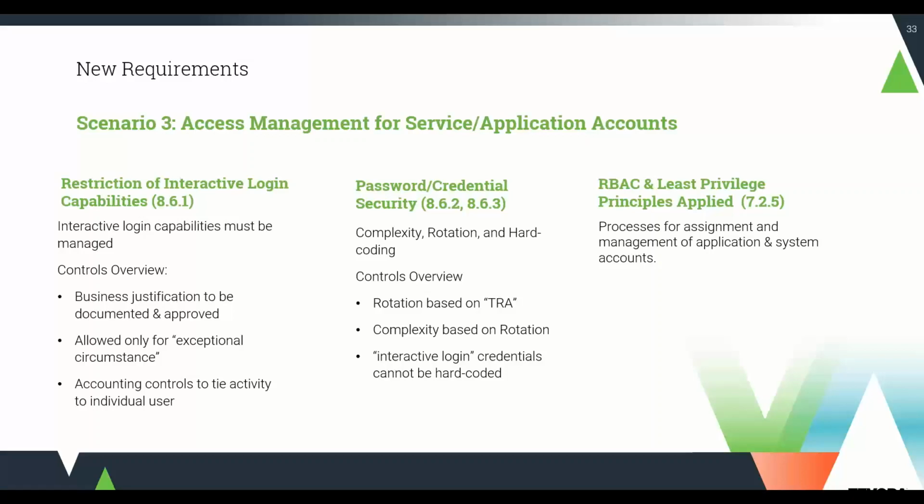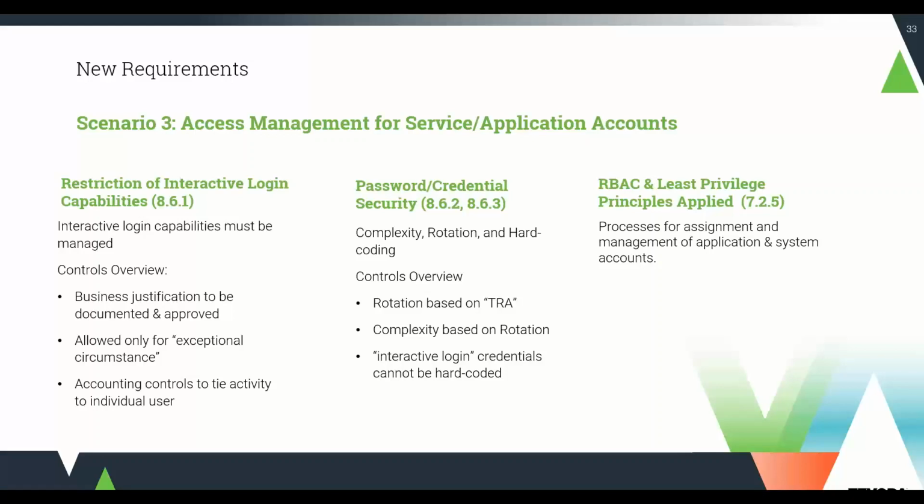An overview of the controls: first, there has to be some sort of documented and approved business justification for every account that's enabled with interactive login capabilities. There has to be a policy to only allow that for a, quote unquote, exceptional circumstance.